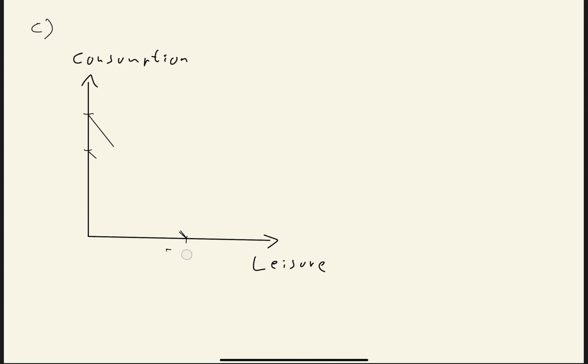No, this was too much. Yeah, I'll leave it just like this. So now the budget constraint has three segments.